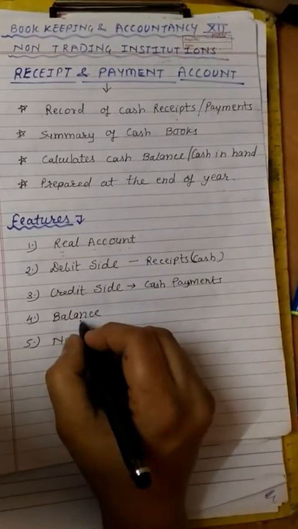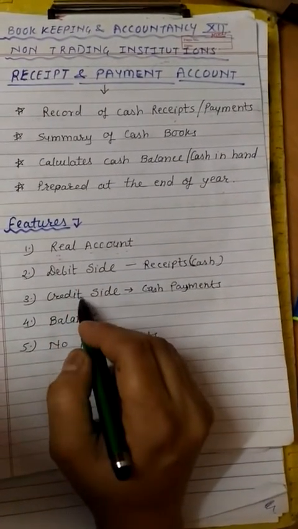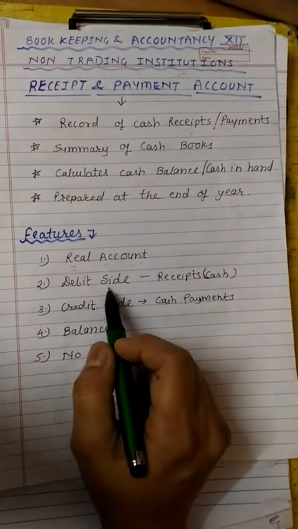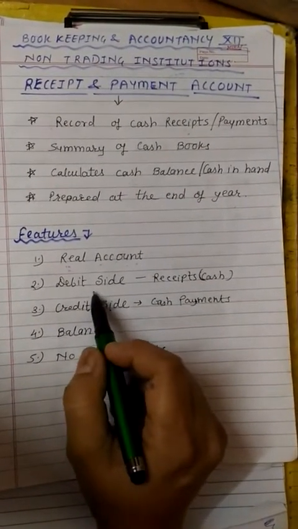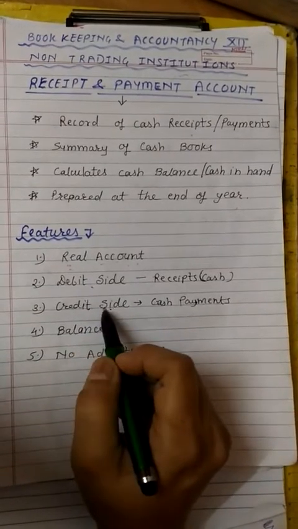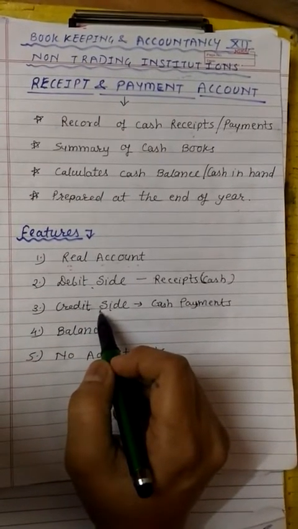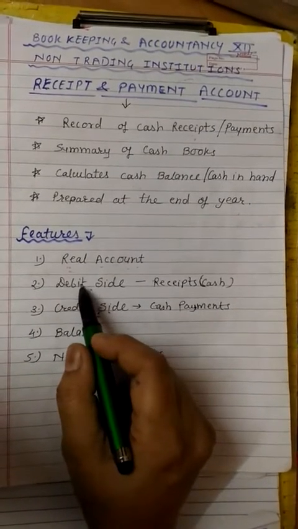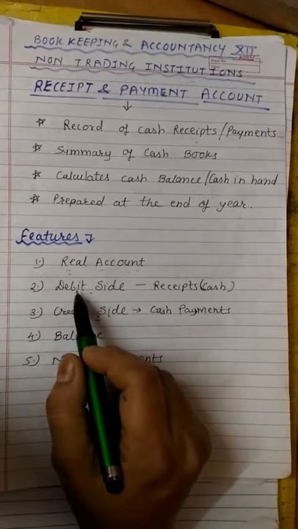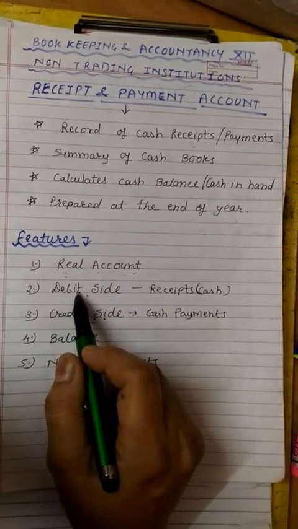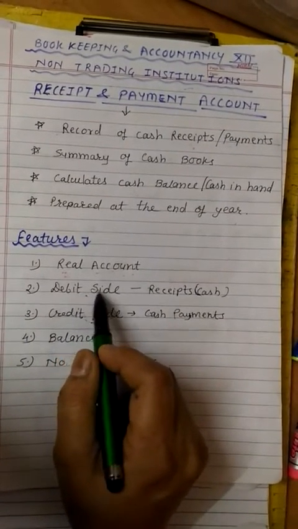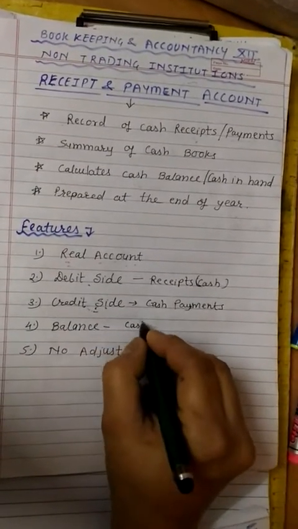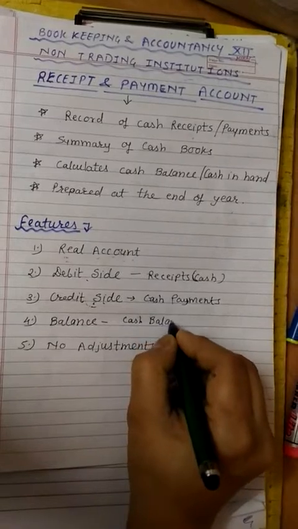And when the difference of the debit and credit side is calculated, there is always an excess of the debit side over the credit side, because cash incoming is always more than cash outgoing. We cannot spend more in cash than we receive in cash. So the cash payment is always less than the cash receipt. That's why the debit side is always in excess and the balance is called the cash balance.